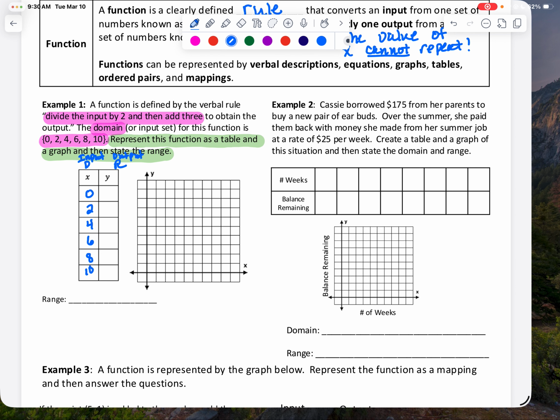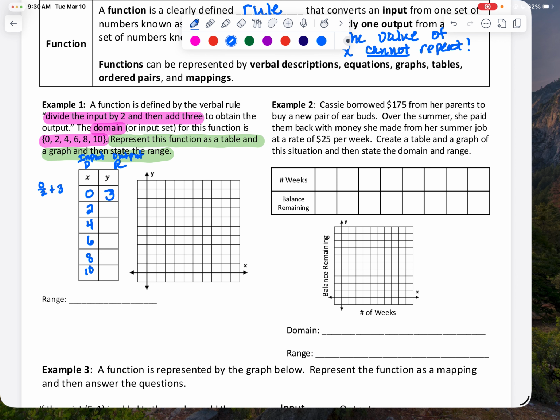So if I took my first input value, 0, divided it by 2, and then added 3, what would the output be? So 0 divided by 2 is 0, and 0 plus 3 is 3. So my first output value is 3.